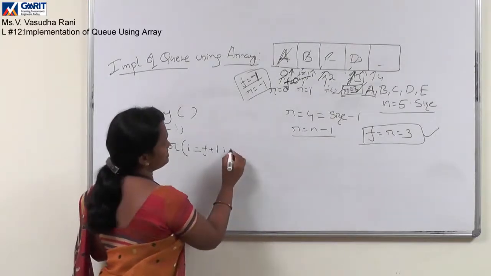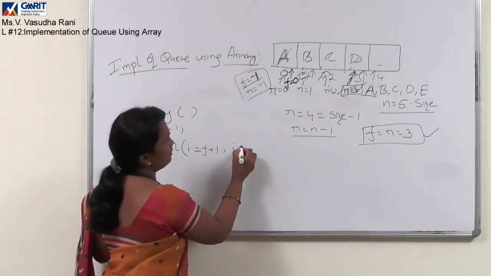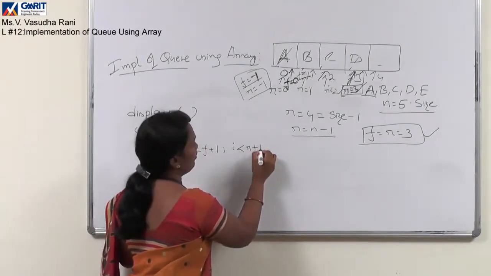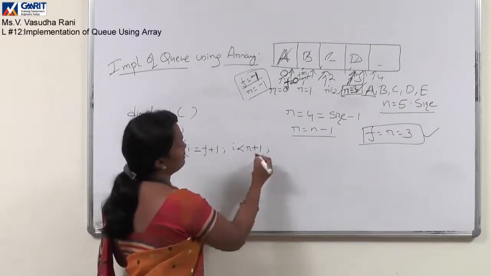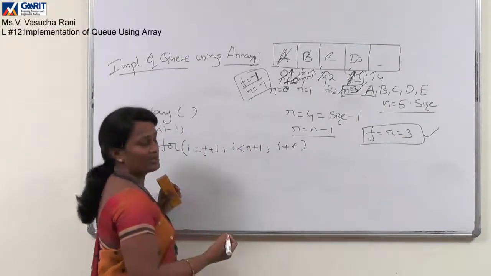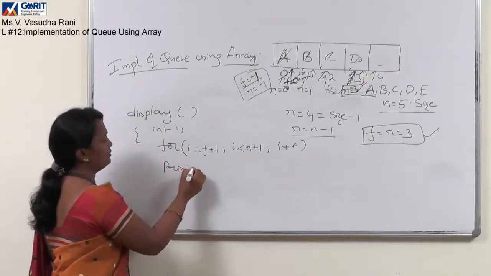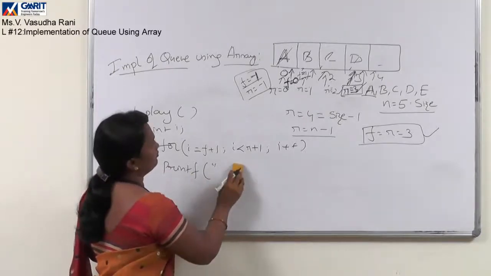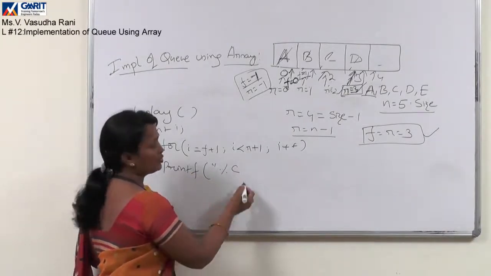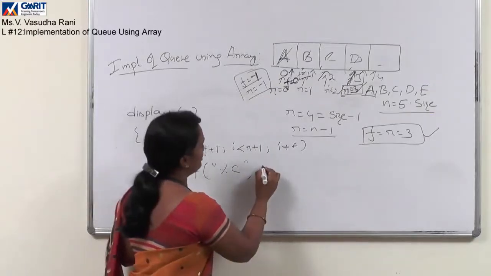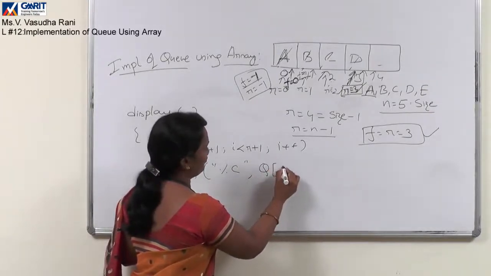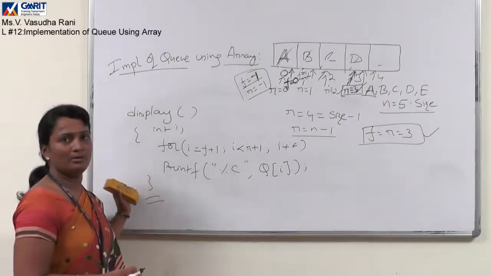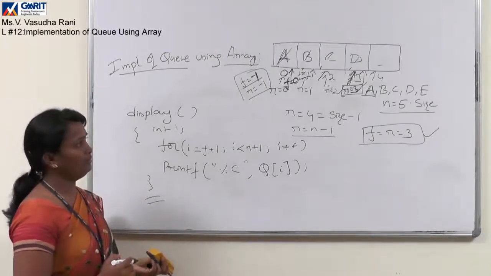Then i less than rear plus 1, because the rear location also has some data, and i plus plus. You can write a printf statement; since we have considered character data, it is %c and Q of i. So this is the code for displaying the values of the queue.